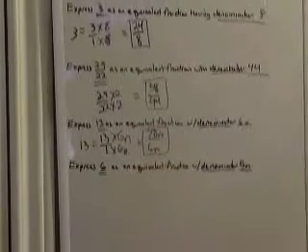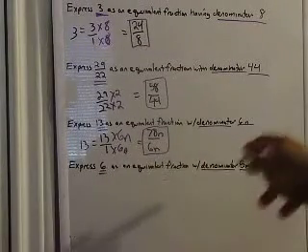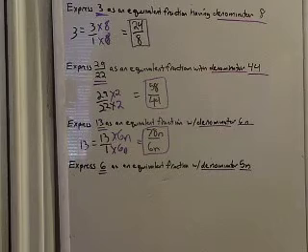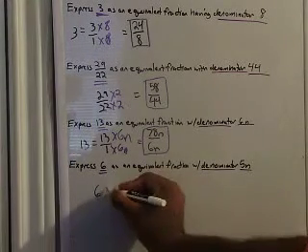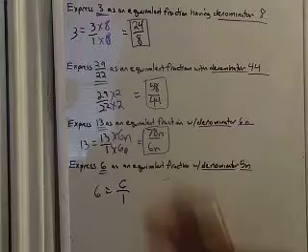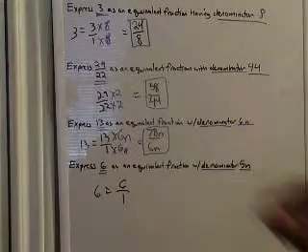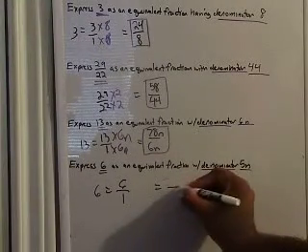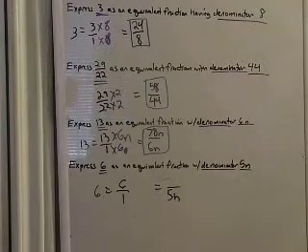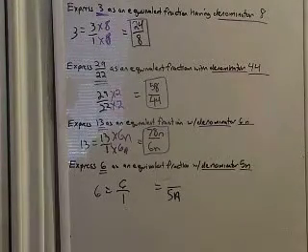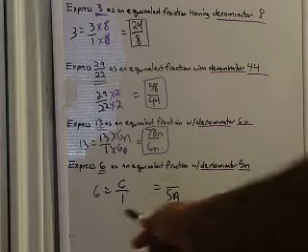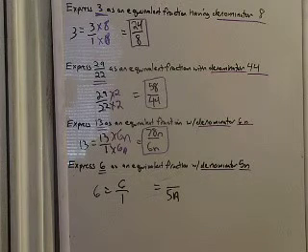And let's look at the last one. Express 6 as an equivalent fraction with denominator 5n. So 6 written as a fraction is 6 over 1. We want it to equal some fraction whose denominator is 5n. So we just have to ask ourselves, what times the old denominator will equal the new denominator?